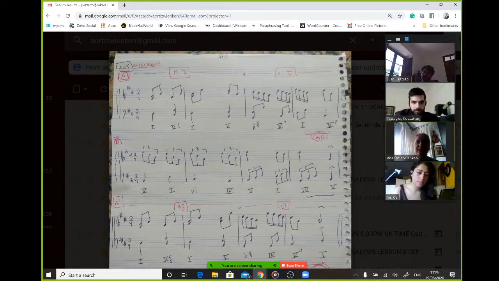So basically my theme, I started on 1, and then I went to 5. So my main theme is that, that is my basic idea. My contrasting idea is this, and then I have to move on.